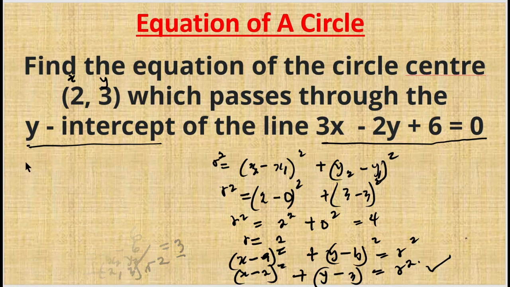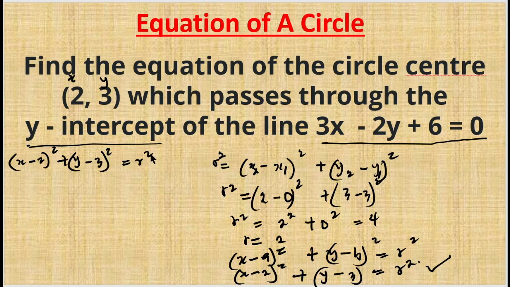Let's expand it. We have that x minus 2 all squared plus y minus 3 all squared equals r squared. If I expand, this becomes x squared minus 2x minus 2x plus 4.